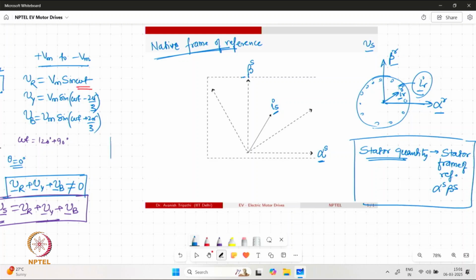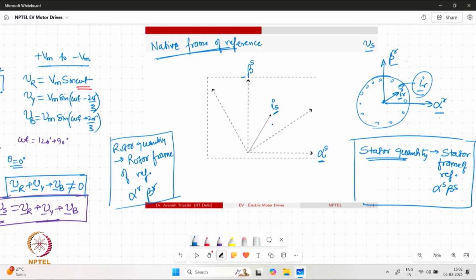Similarly, whenever we are talking about a rotor quantity, say current or voltage or flux, we are essentially referring to it in the native frame of reference naturally, which is the rotor frame of reference, and we have just now defined that as alpha r beta r.